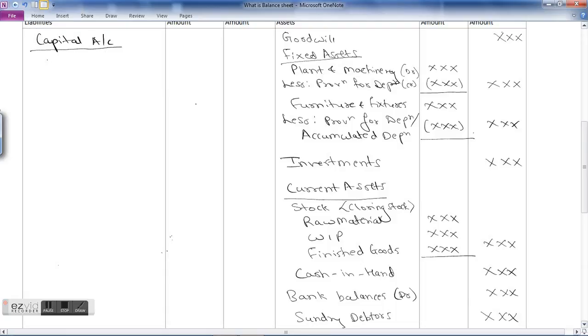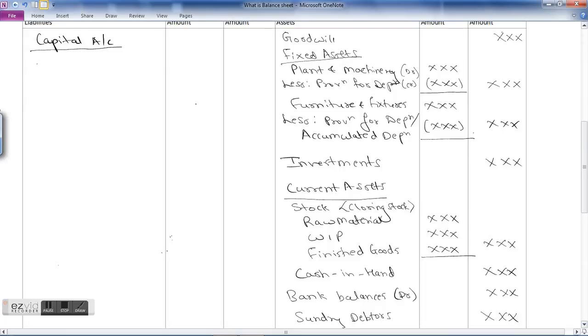Okay, so in case of your partnership firm, you will be showing a separate capital account. Say if you have a partnership firm with 3 partners, it will show A's capital, B's capital, C's capital. In case of a company, it will be showing your share capital.